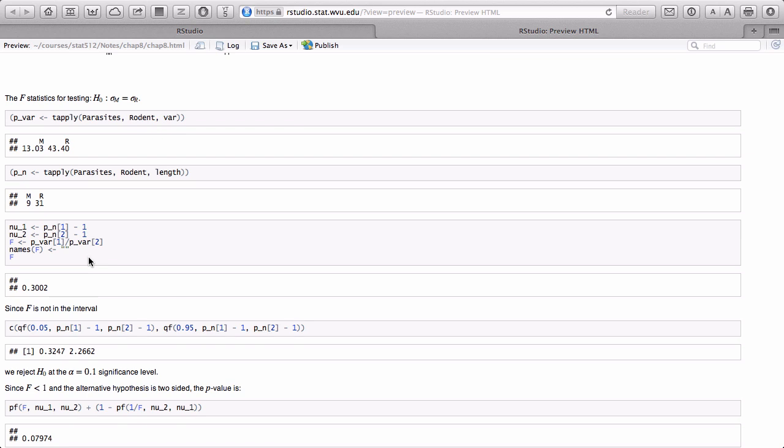Notice there are 2 elements, or 2 variances. So if I say p-var and in square brackets I say 1, that's picking out the first element. And so if you look at how I computed F, I'm looking at the first variance divided by the second variance. In other words, that is the F-test I said we should compute.